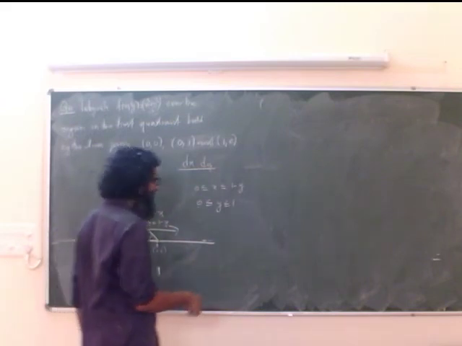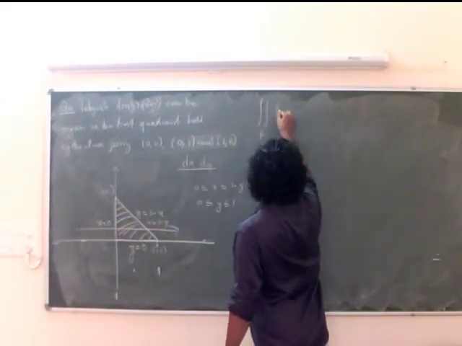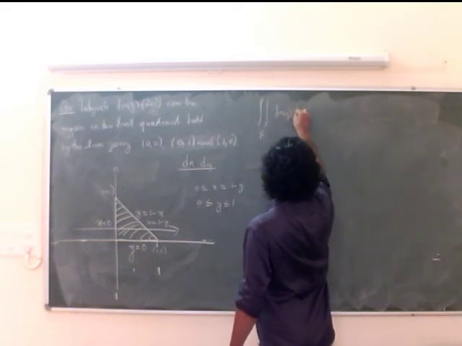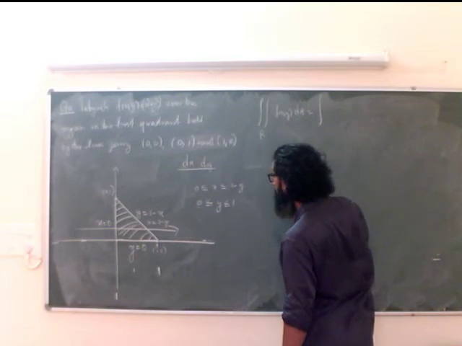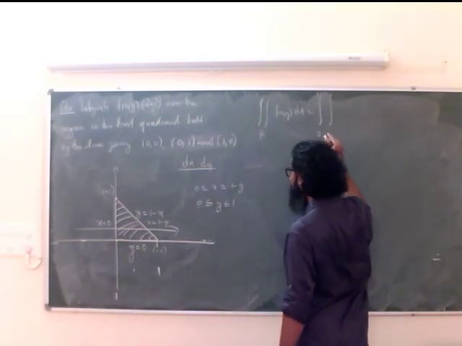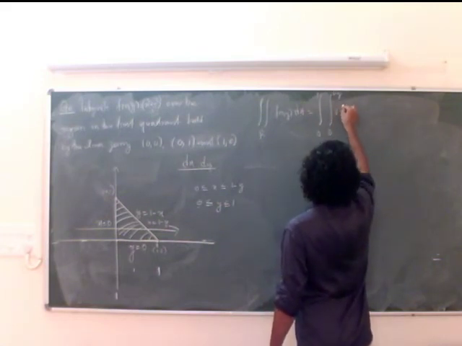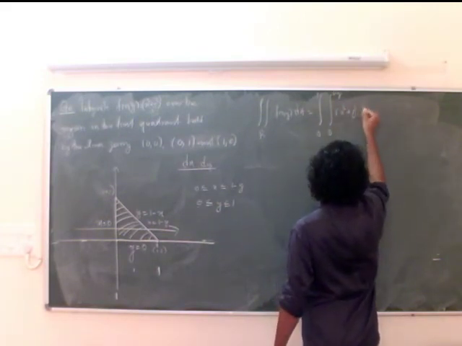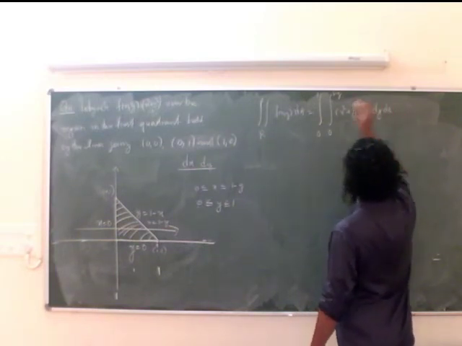So my integral, the double integral over R of f(x,y) dA, is equal to the integral with y limits 0 to 1, x limits 0 to 1 minus y, of x square plus y square, dx dy.